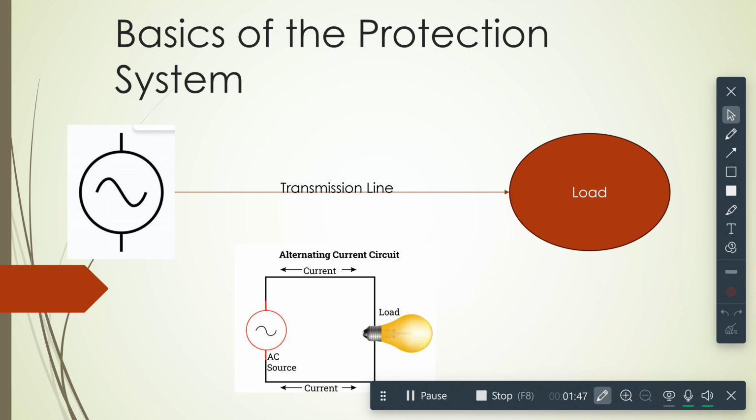Then at the end we have a load. It can be a motor, it can be any factory or anything. And we connect the power source with the load with the help of the transmission line. So below you can see a typical and a very simple example of the source and the load.